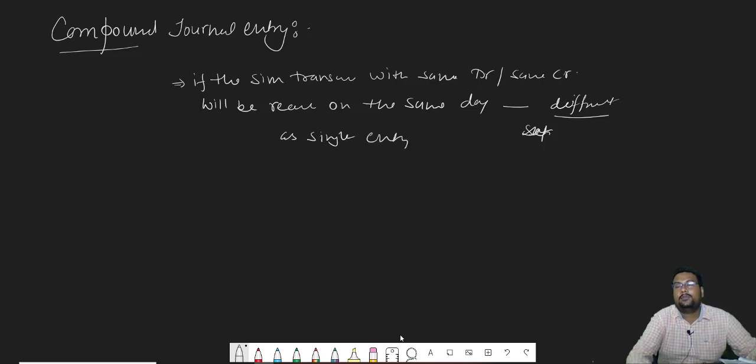It can be recorded together means it can be recorded as a single entry.